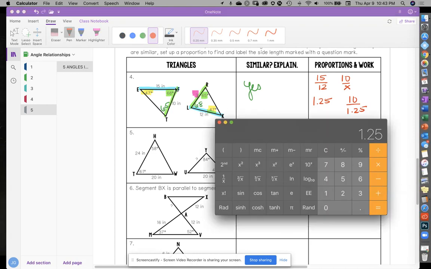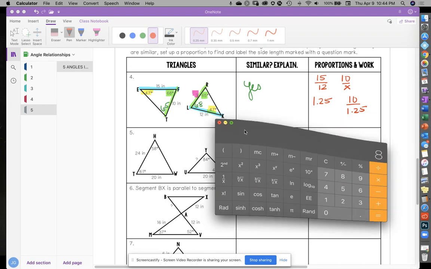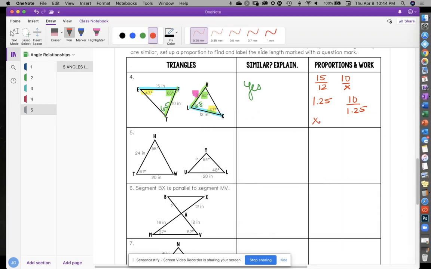And the reason I'm dividing is because this triangle is larger than its new image. I can tell because this went from a 15 to a 12, so it's obviously been reduced. Reducing means we're going to divide. So 10 divided by 1.25, and I get 8. So therefore, my x equals 8.